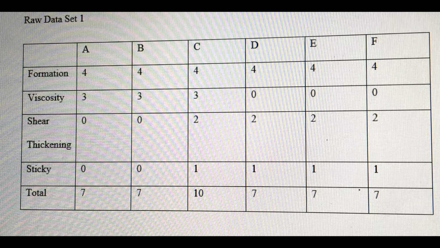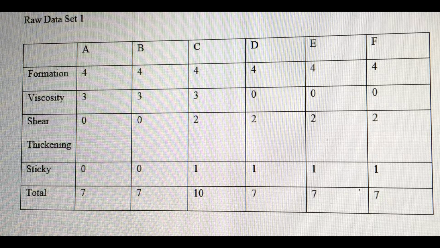For D, which included 1 teaspoon of borax in the solution, it was awarded 4 points for formation, 0 points for viscosity, 2 points for shear thickening, 1 point for stickiness. It totaled at 7 points.